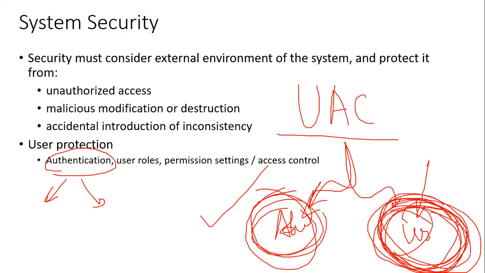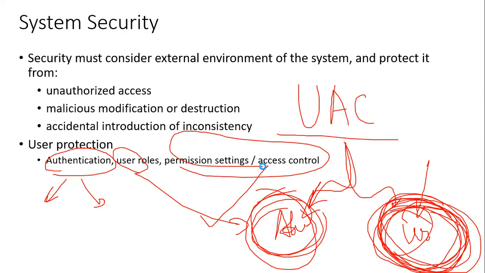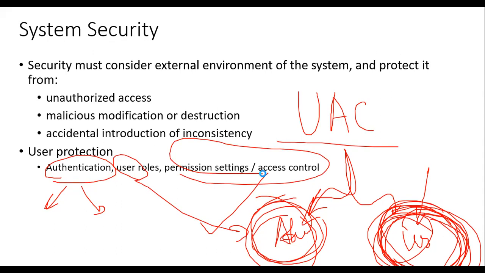Then again and again, you are logging in. That's authentication and authorization. User roles are the administrator roles, normal user roles and so on. Permission settings: what are the things that you or the computer can do.